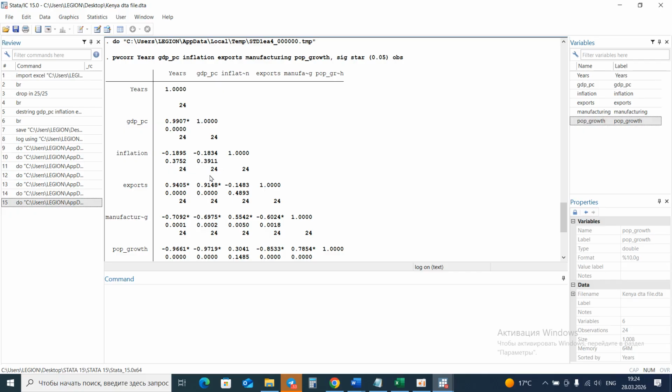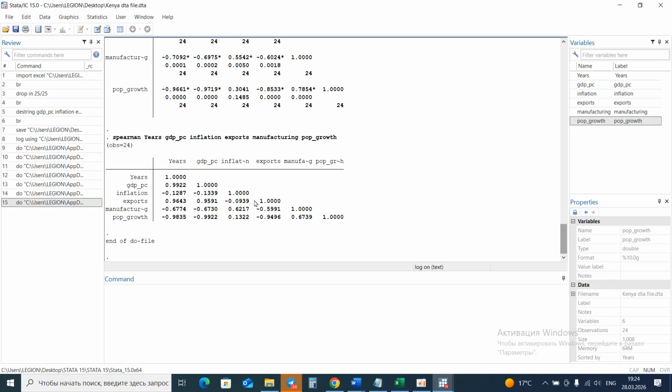So it has a negative correlation with GDP per capita. So we also have exports, manufacturing, and population growth. We also copy it and put it into our Word.